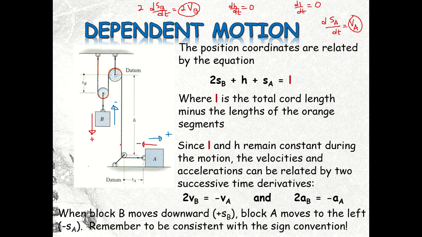So when we pull this block to the right, block B goes in the opposite direction, going up, so this time it is negative. This is what is meant by being consistent with the sign convention.